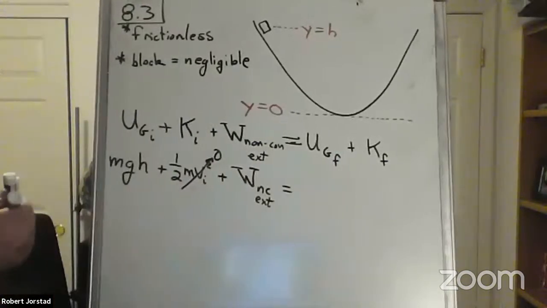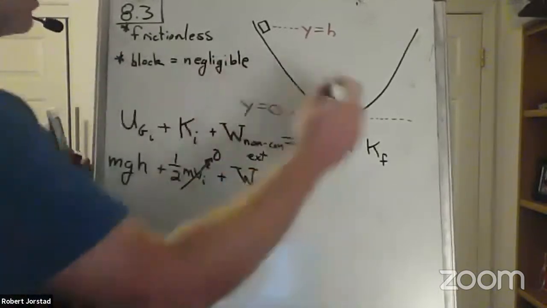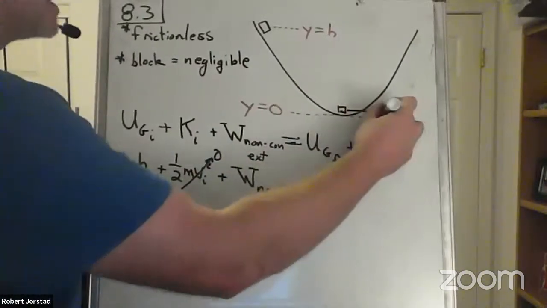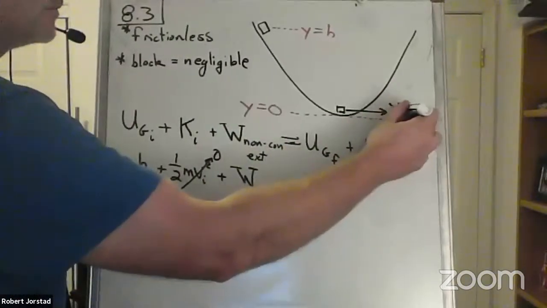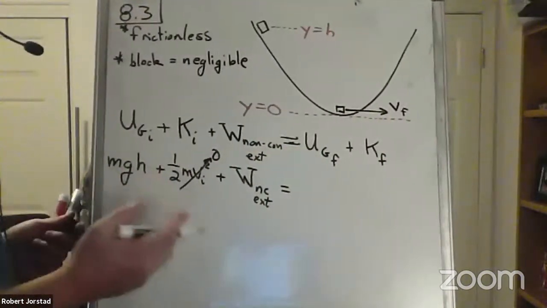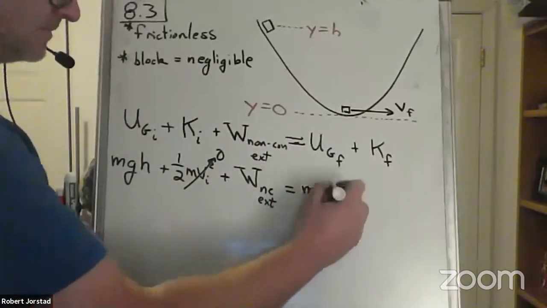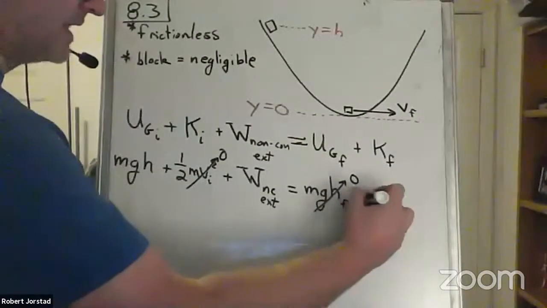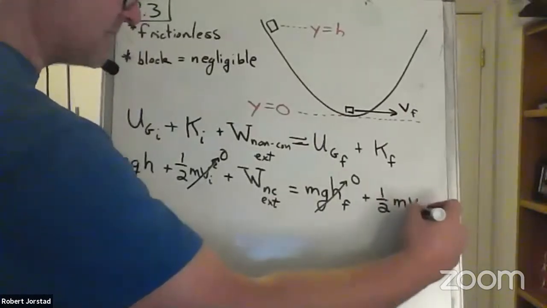The gravitational energy final. At this problem, maybe we should draw the block is down here at the final state, and it's moving this way with some speed v final. What is its gravitational potential energy at the bottom? It would be 0. And then the kinetic energy would just be 1/2 m speed final squared.